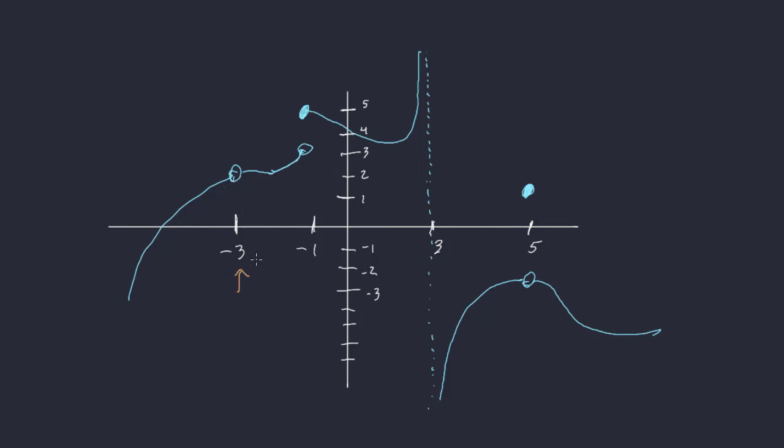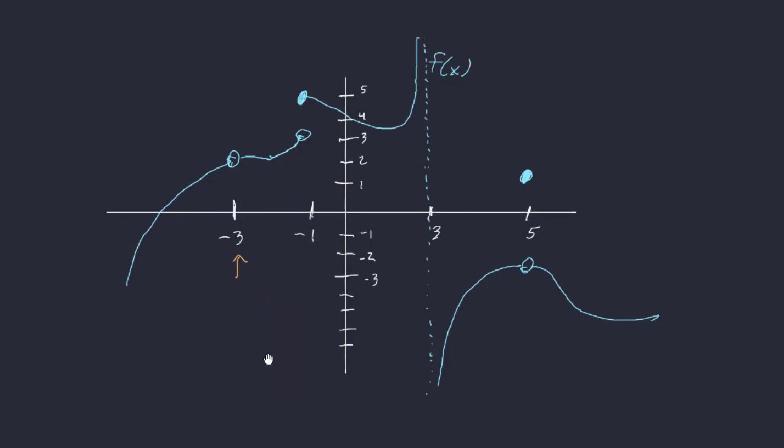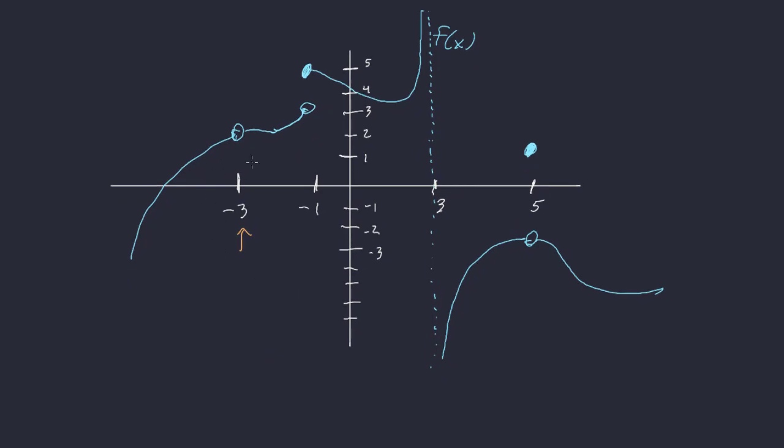Here at -3, if my function in blue here is f of x, we know that this function should be discontinuous here, just from our previous knowledge, because there's a hole in the graph, right? But we don't want to use that terminology.